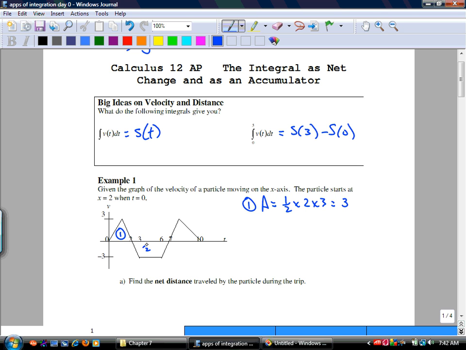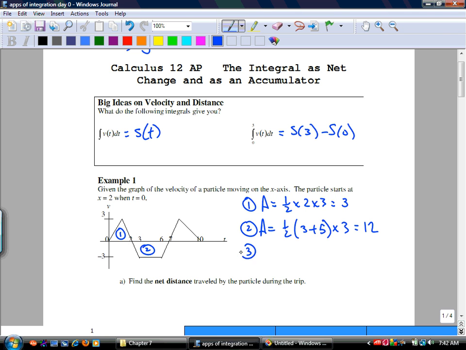Area 2 is a half. Base 1 is 3 to 6, 3. Base 2 is 2 to 7, 5, times the height, 3. Half of 8 is 4, 4 times 3 is 12.